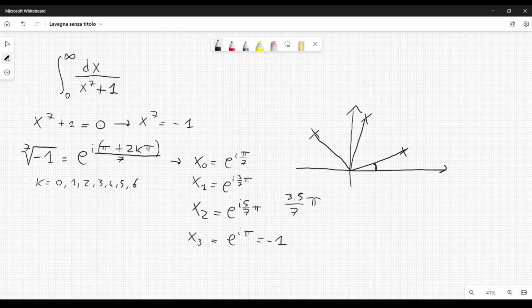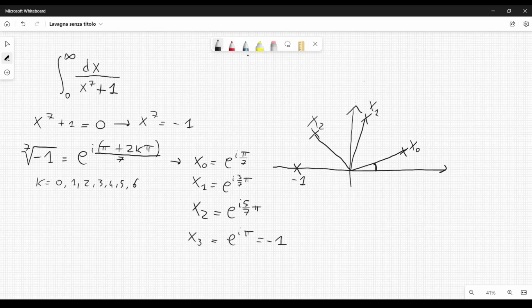And therefore, pi over 2 is in between x1 and x2. Okay, so this is x2, this is x1, and this is x0. And then x3 is on the x-axis because it is minus 1.